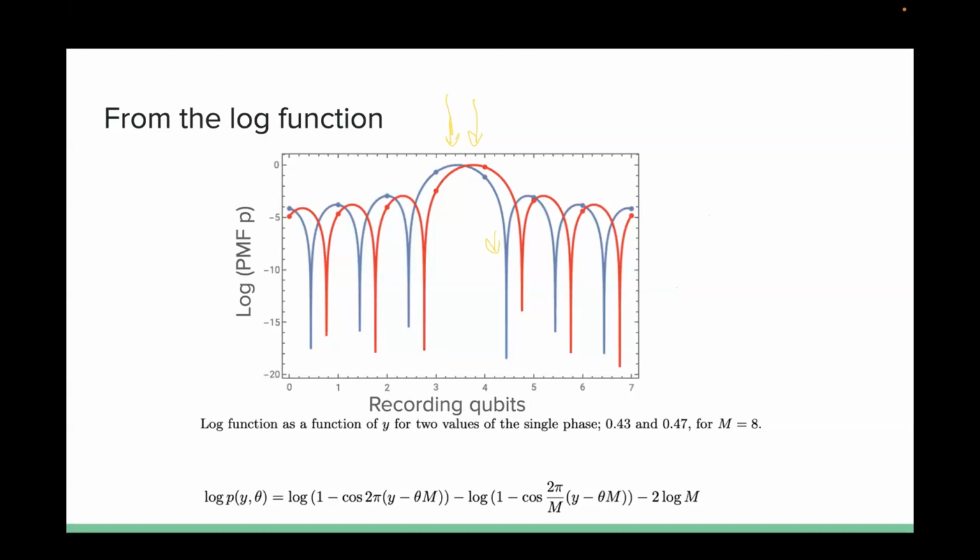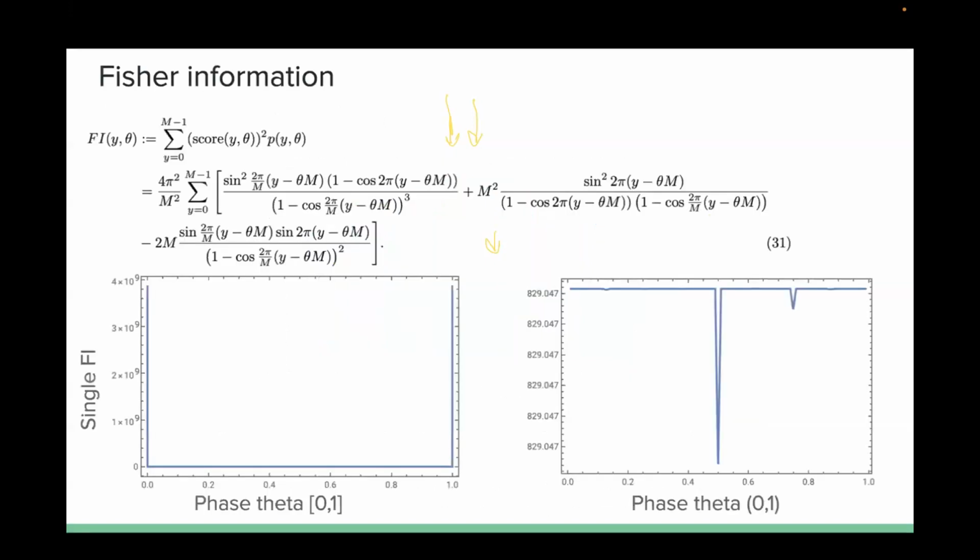After this analysis, an important mathematical point is to get the Cramer-Rao lower bound. For doing so, we computed the Fisher information for a single shot. That is the equation you're looking at on the slide.